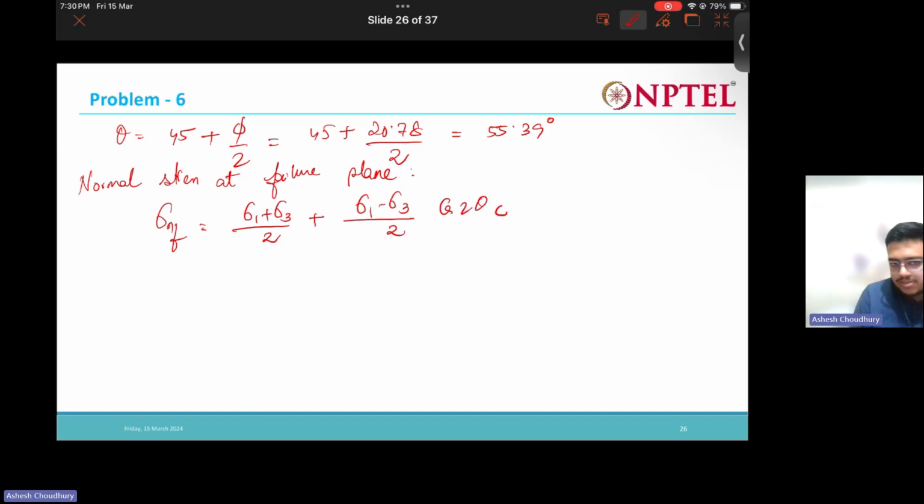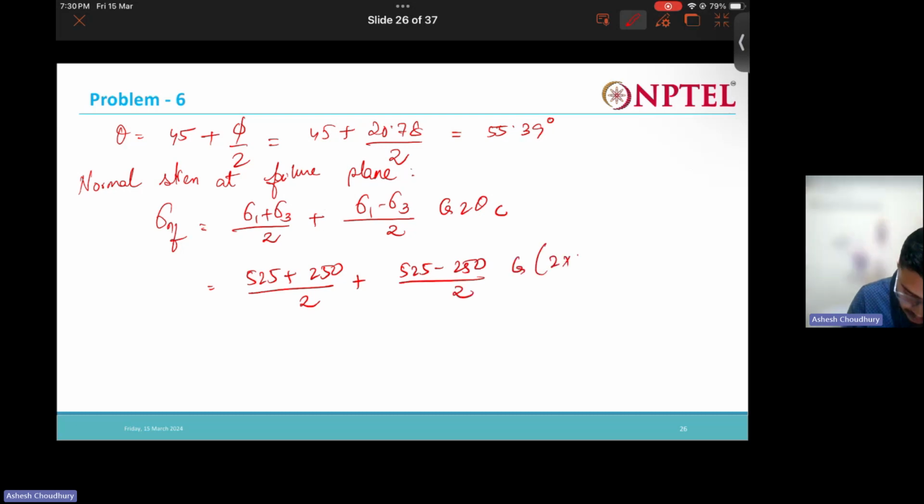This one you already know, you have used this relation before. Just plug in the values. So we get 55.39 degrees, and 332.